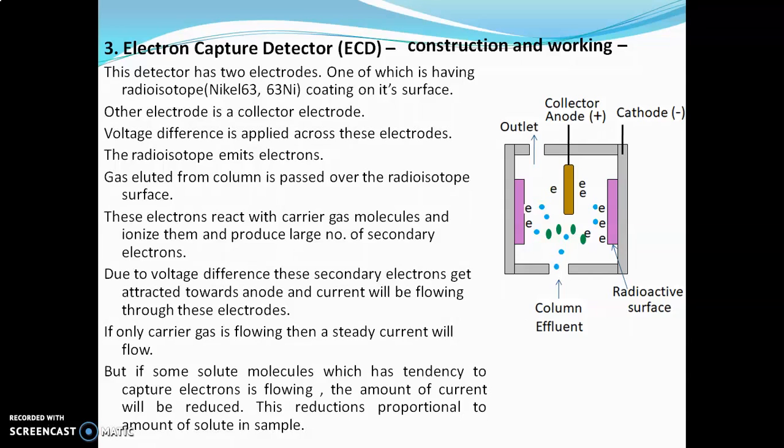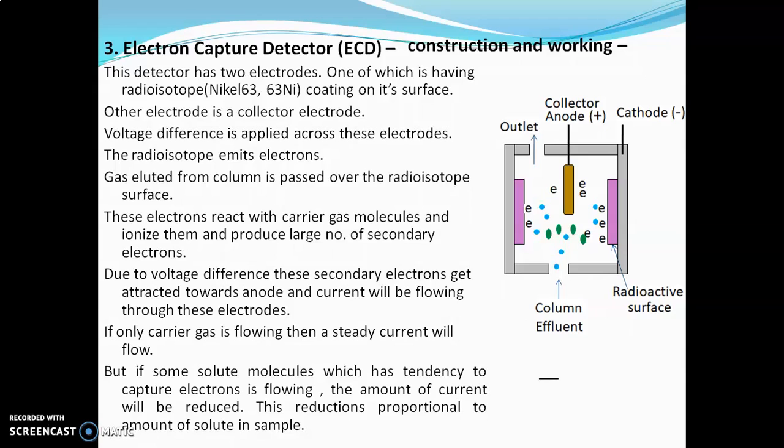If the solute molecule has halogen, sulfur, phosphorus or nitrogen or any electronegative group in its structure, then these solutes will capture the electrons, and as the number of electrons is reduced, the amount of current is also reduced.